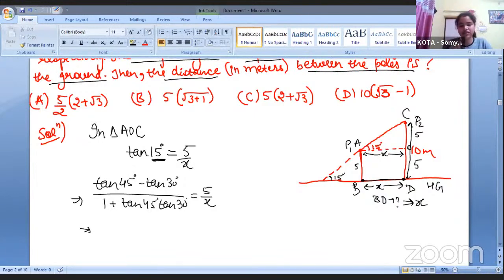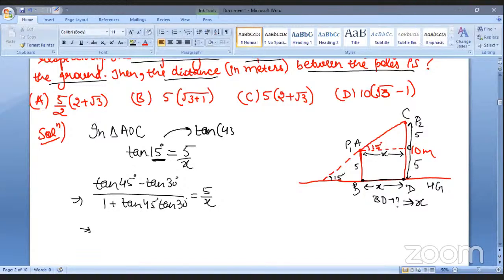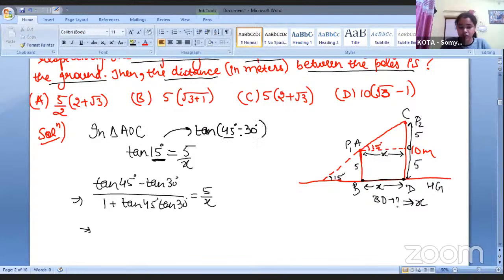There is a formula: tan of theta 2 minus theta 1 is tan theta 2 minus tan theta 1 divided by 1 plus tan theta 1 tan theta 2. Here 15 we can write as 45 degrees minus 30 degrees, and these are the two values which we know. So we write the unknown 15 degrees as 45 degrees minus 30 degrees so that we can apply that particular formula.